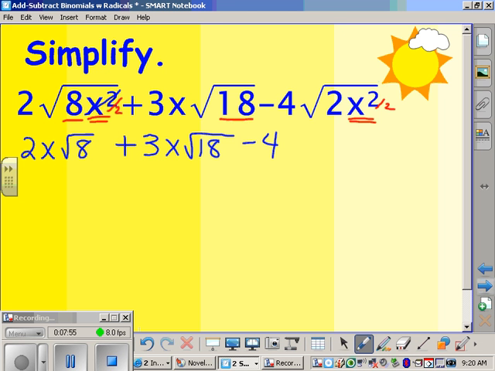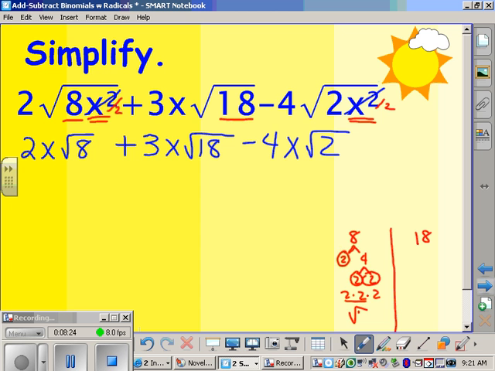Then in our third term, like the first, once I divide the exponent by 2, I will bring the x to the outside, so I only have the 2 remaining under the radical. Now I can start to break down 2 of the radicals, radical 8 and radical 18. Radical 8 breaks down into 2 and 4, which further breaks down into 2 and 2.